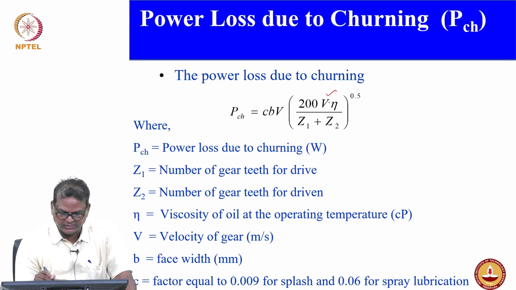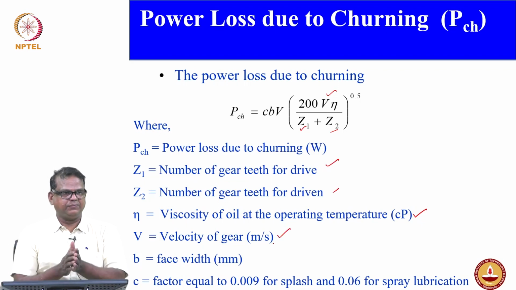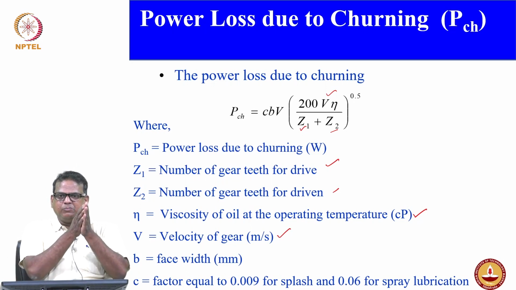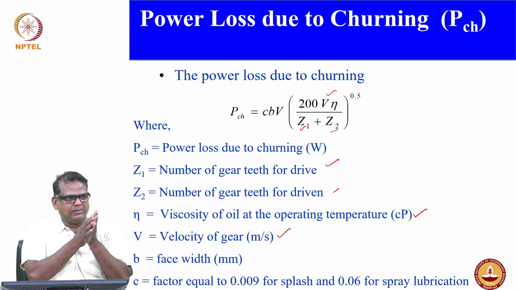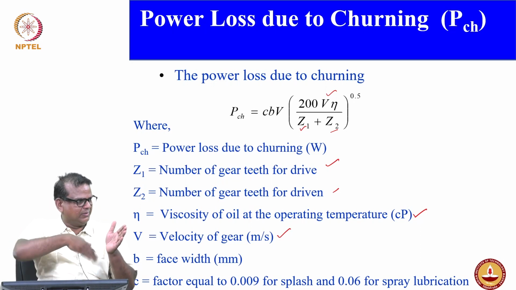V is the velocity, and the teeth numbers of the drive and driven gears are Z1 and Z2 respectively, and eta is the viscosity of the oil at operating temperature, which should be in centipoise. Then, more importantly, we are talking about the face width. If you have more surface, that means more surface has to interact with the lubricant for churning.